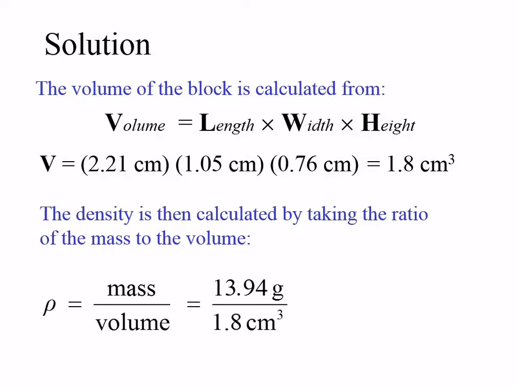So carrying the information from the previous slide, the grams were already given. So density here is that mass that was given, 3.94 grams divided by 1.8 centimeters cubed. Okay, and just for kicks, I'm gonna go ahead and do that on my calculator. 3.94 divided by 1.8.